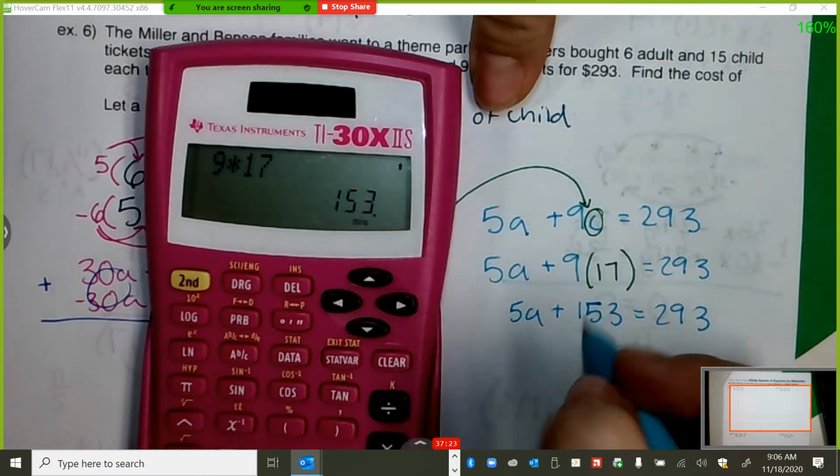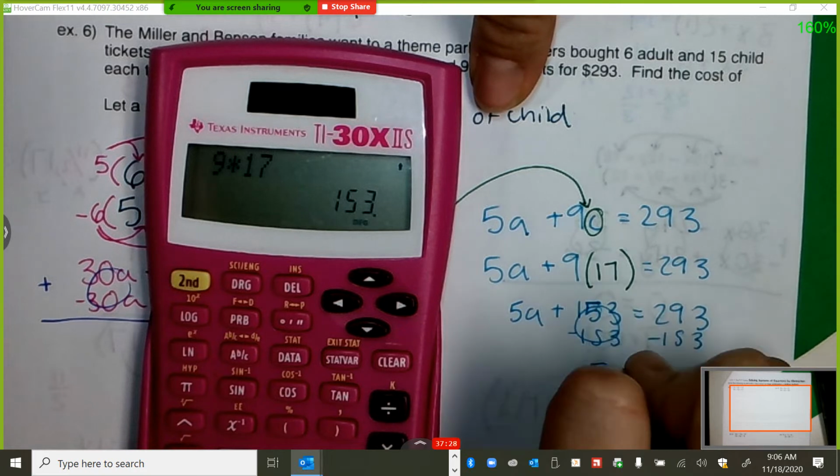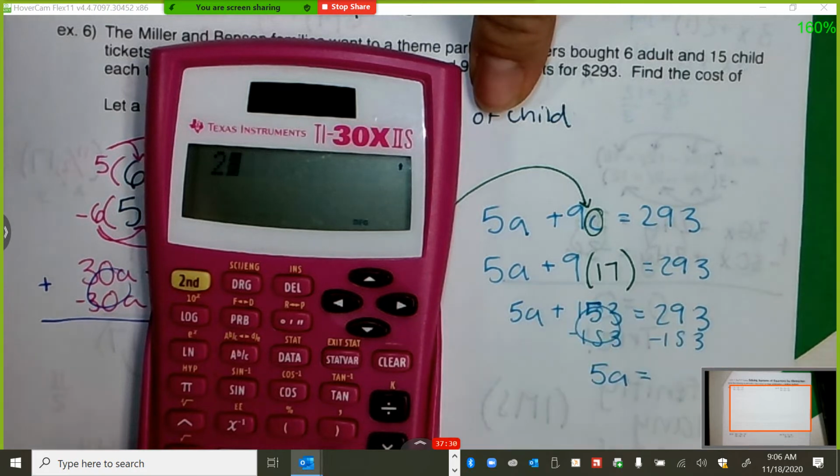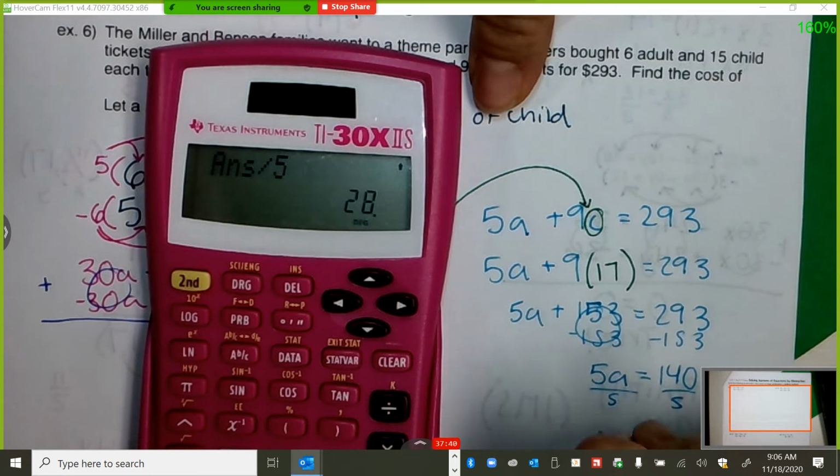I'm going to subtract 153 from both sides. Get 5A equals 140. Now what? Divide by 5. And I get A equals 28.